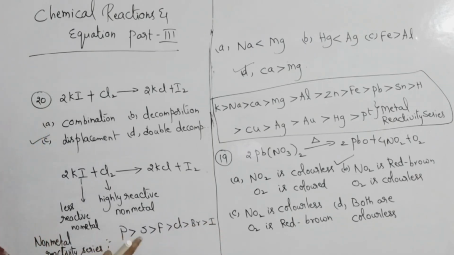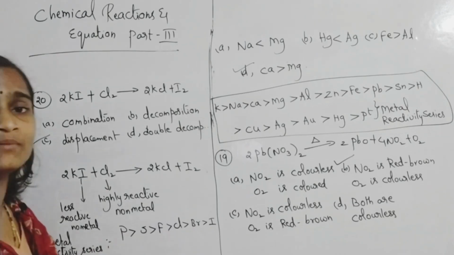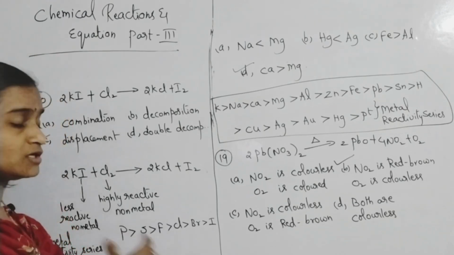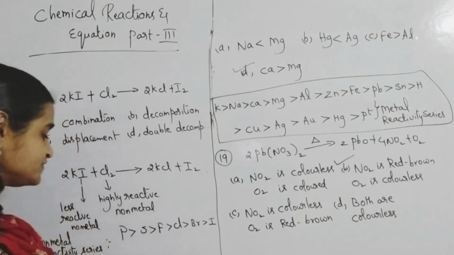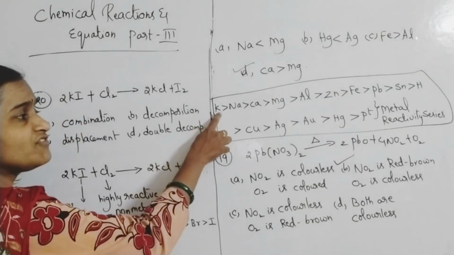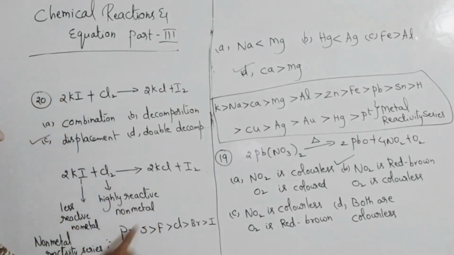Now: phosphorus, sulfur, fluorine, chlorine, bromine, iodine. Oxygen of course is a non-metal only. It is also highly reactive, but oxygen reactions we all know. Phosphorus is the highly reactive non-metal. Potassium is the highly reactive metal.